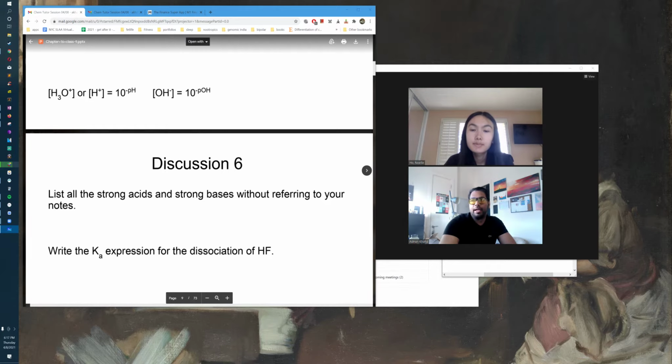And by the way, whenever we talk about H plus, what we're really talking about is H3O plus, because H plus is just a proton, and you can't have a proton just randomly moving around in solution. So it's really the hydronium ion.